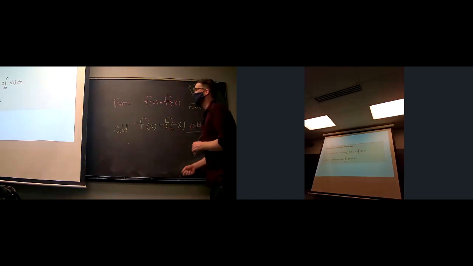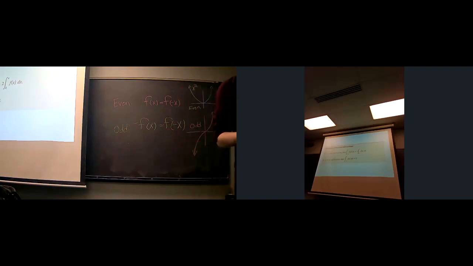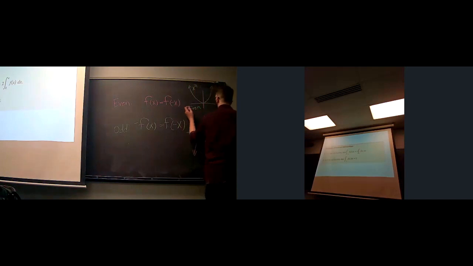But the reason why we point out this idea of even and odd functions now is because if we were to integrate from negative a to a an odd function, look what happens. We've got negative area down here.